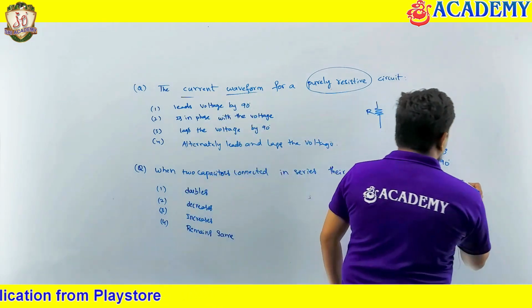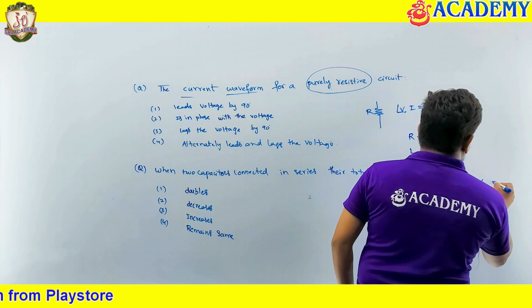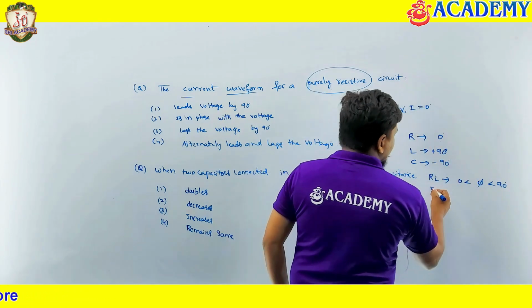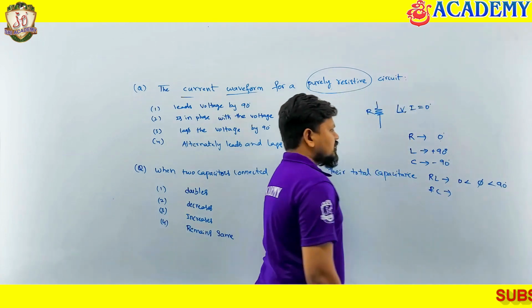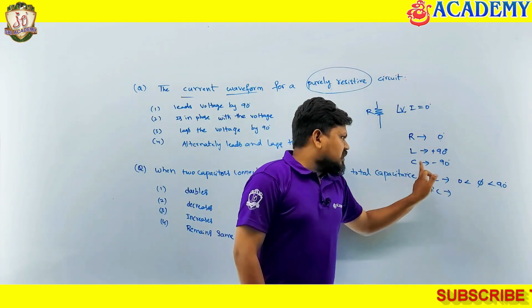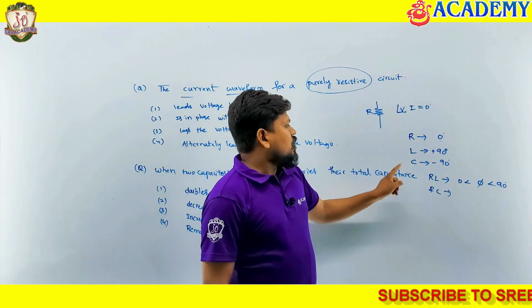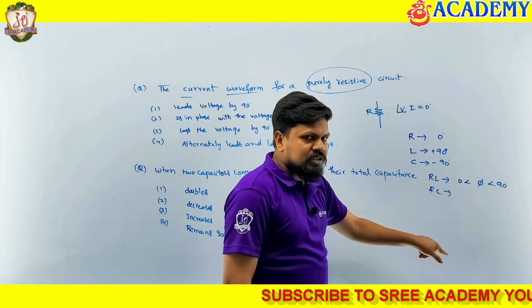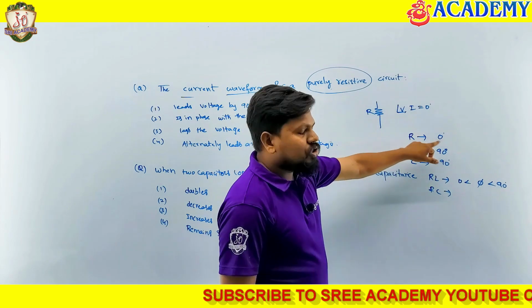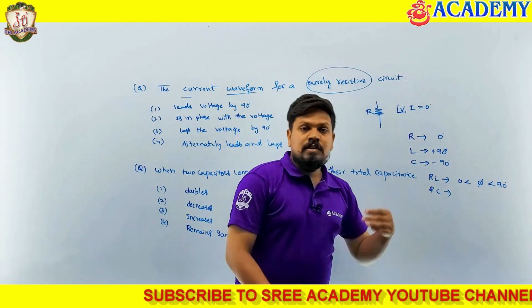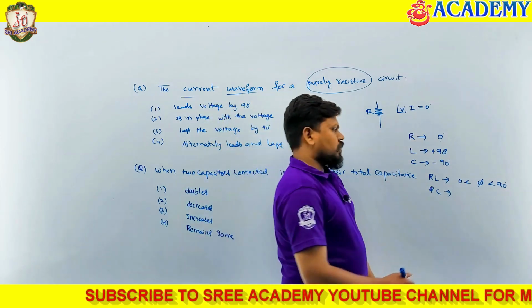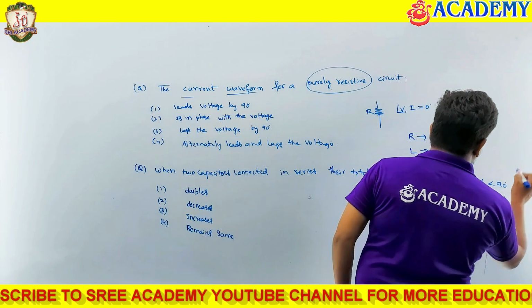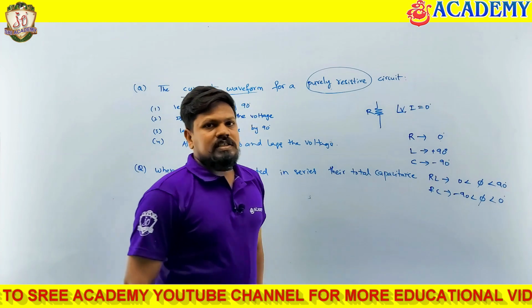So whatever angle phi is, it is between 0 to 90 degree. Whenever an RC circuit is there, just observe: only capacitance is minus 90, only resistance is 0 degree, and with both in an RC circuit it is between 0 and minus 90, otherwise we write minus 90 less than phi less than 0 degree. This is for the RC circuit.